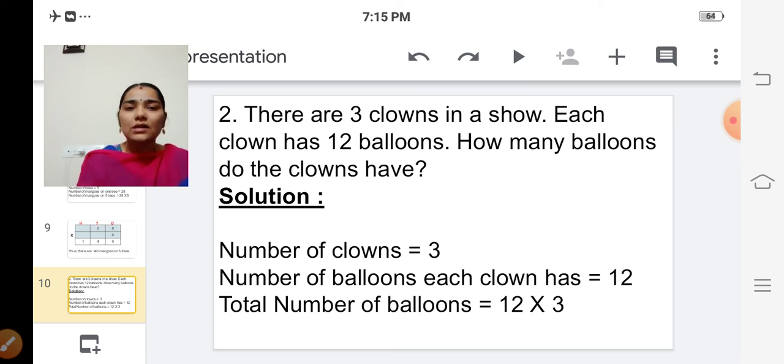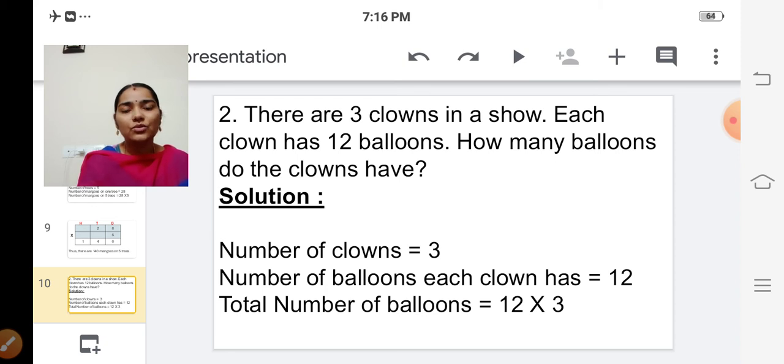So see the solution. Number of clowns is equal to 3. Number of balloons each clown has is equal to 12. So total number of balloons is equal to 12 into 3, number of balloons into number of clowns.